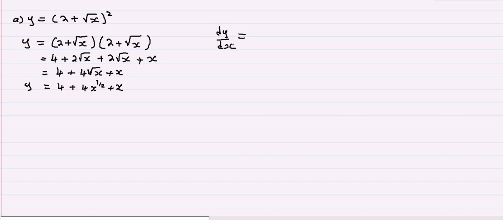What is the derivative of a constant? It is 0, plus the derivative of 4x exponent 1 over 2.